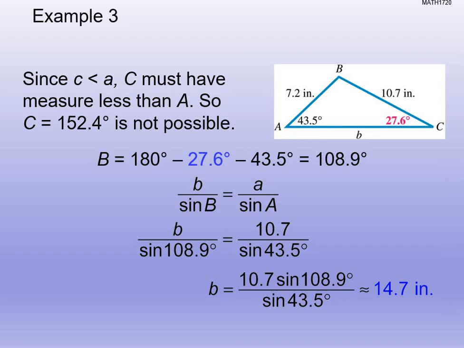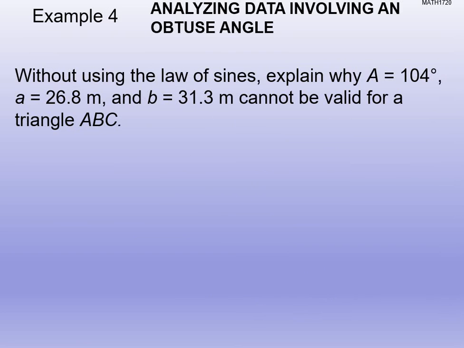You don't have to do this test every time you apply the law of sines. It is only when you have the SSA, a side-side angle, given to you that this scenario will happen. So let's look at one more example here.